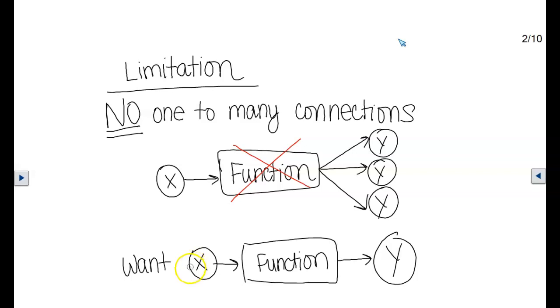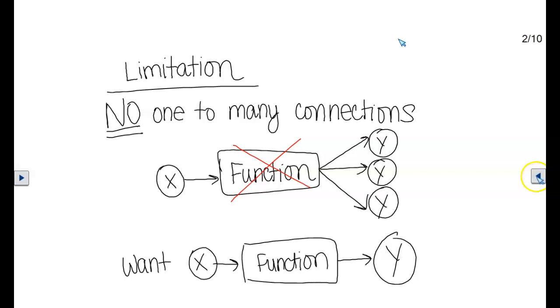You don't want one particular x value to connect with many different y values. What you want is one x value to connect with exactly one y value. Exactly one, and no more than that. So each particular x value should connect with exactly one y value, not two or more different y values. So that's what we want in a function.